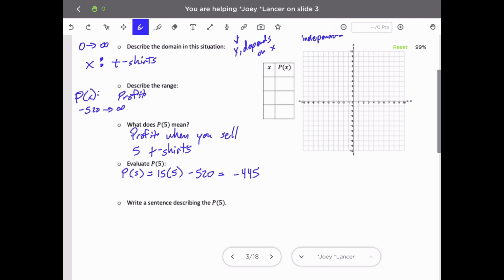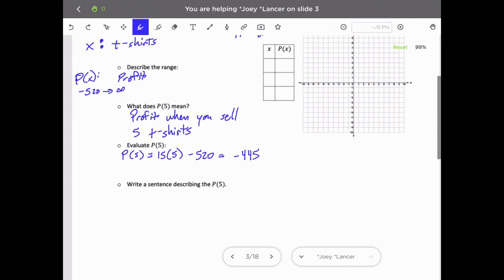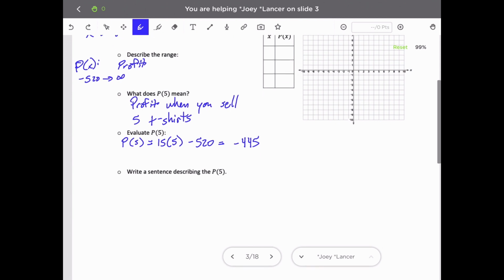So write a sentence describing P of 5. So what happened?